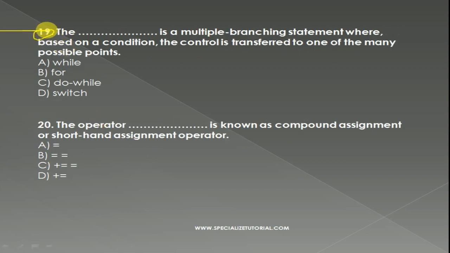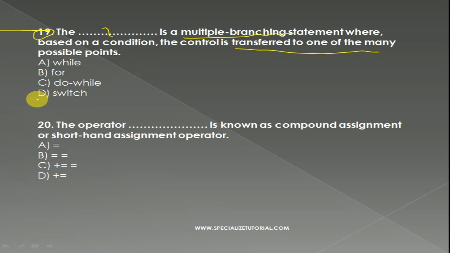Question number 19: what is the multiple branching statement, where based on the condition the control is transferred to one of many possible points?